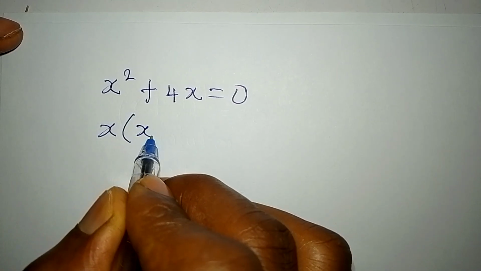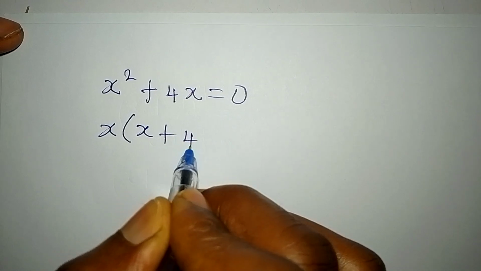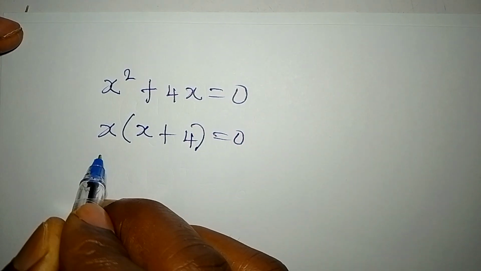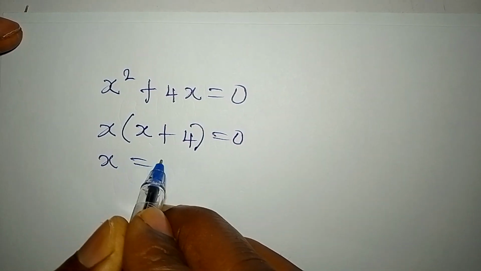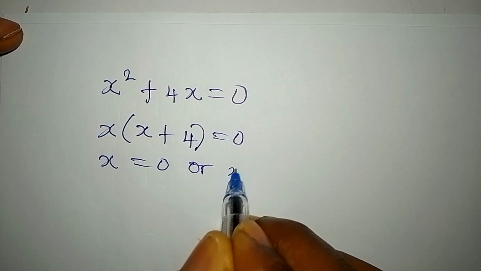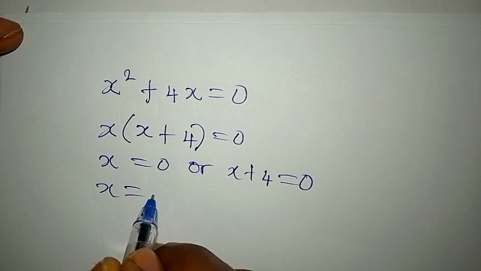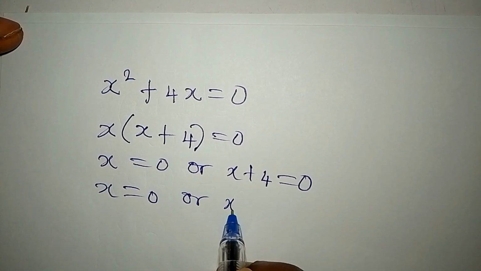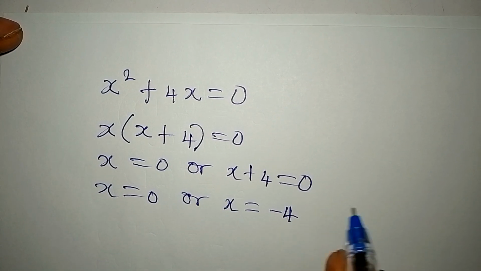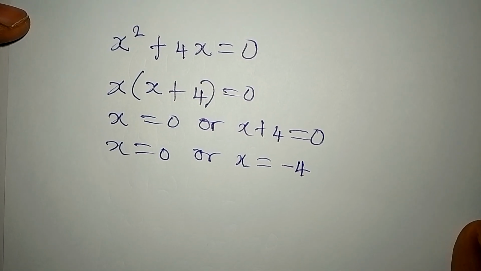We have x(x + 4) = 0, meaning that x is either equal to 0 or x + 4 is equal to 0. So x = 0 or x = -4. So from here we have the real solutions.